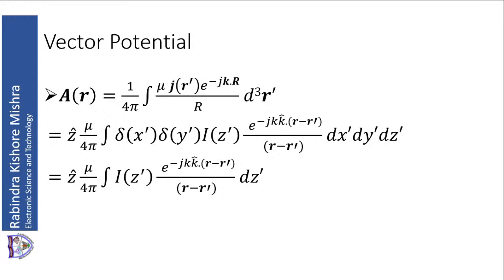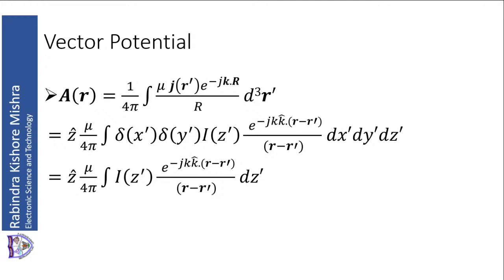Now integration of delta x dash dx dash is equal to 1, and integration of delta y dash dy dash is equal to 1, when we take these integrations from minus infinity to infinity. So that leaves us with z cap mu by 4 pi, integration along z dash only, along the z axis, of I(z dash) exponential minus j k k cap dot (r minus r dash) by (r minus r dash).